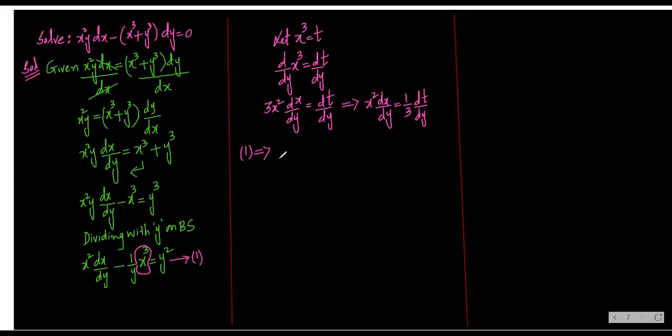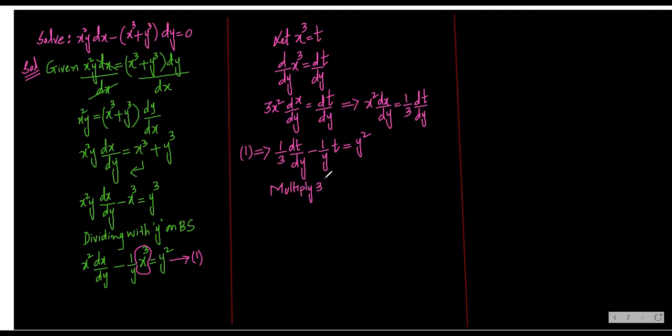Now, x square dx by dy, what is the value? 1 by 3 d by dt of y, minus this 1 by y as it is. X cube we have assumed as t, is equal to, what is this side? We have y square only. Now multiply 3 on both sides.